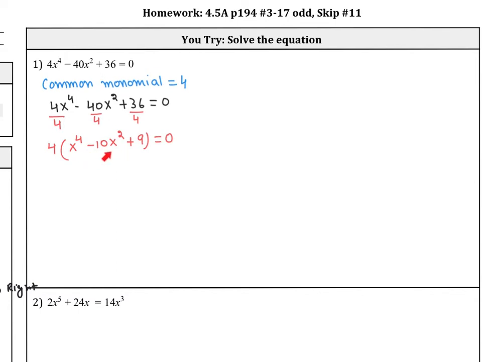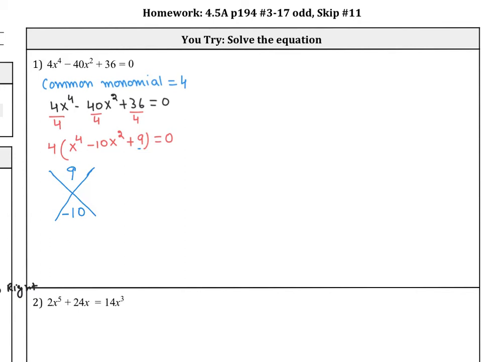Now we are going to solve this quartic polynomial by using the cross method. On the top of the cross, you write the last number, that is 9, and on the bottom, you write negative 10. You're looking for two numbers that multiply to 9 and add to negative 10.